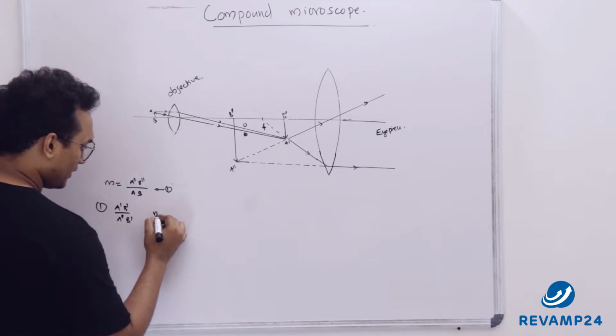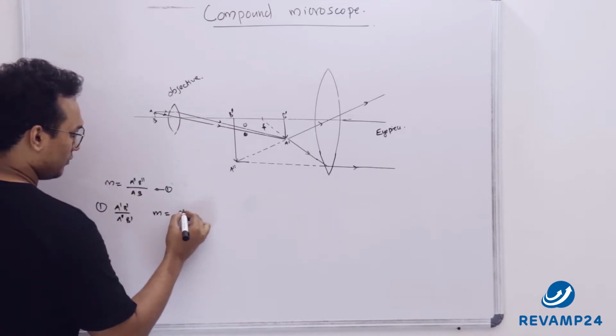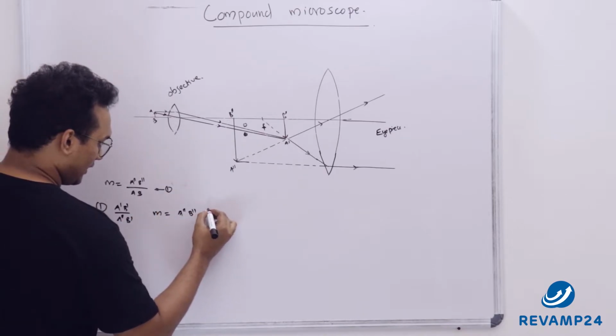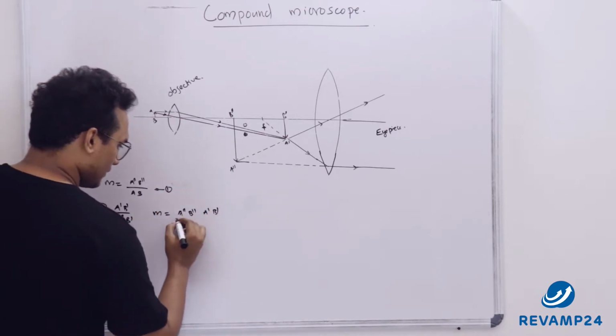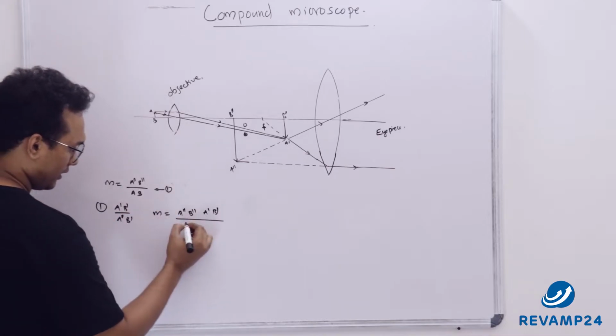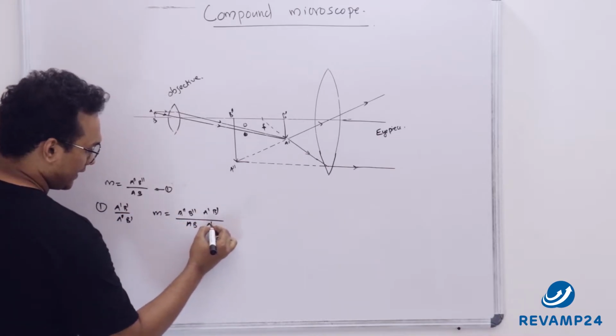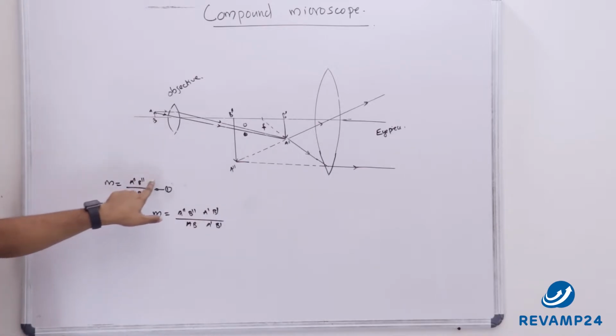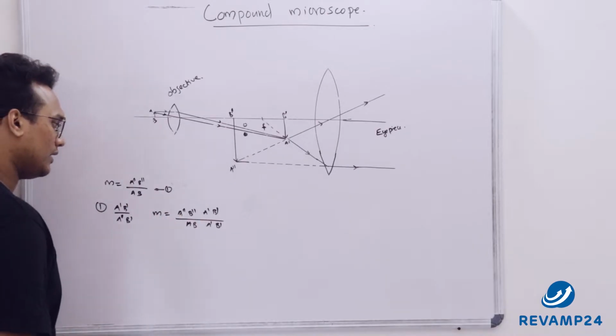So M is equal to A double dash B double dash divided by AB, now multiplied with A dash B dash divided by A dash B dash. This is the change I have made. I brought A dash B dash in the numerator and also in the denominator so that there won't be any change.